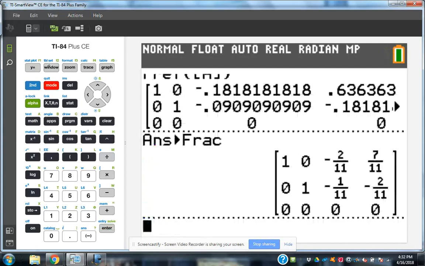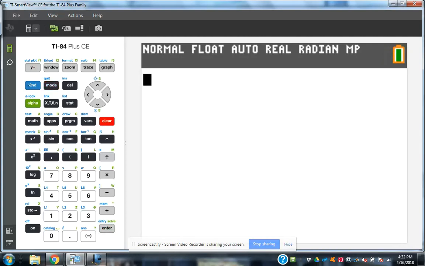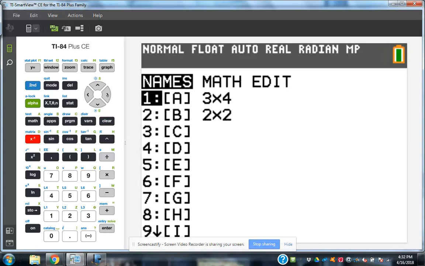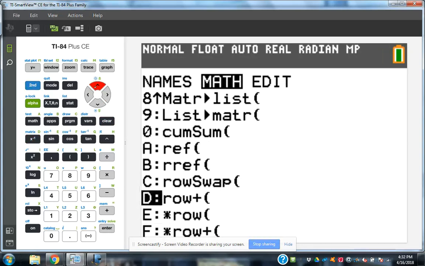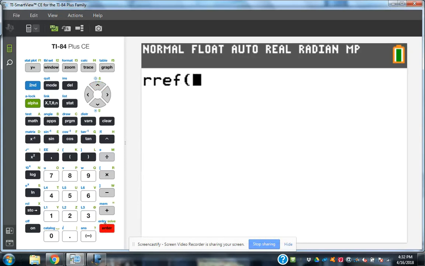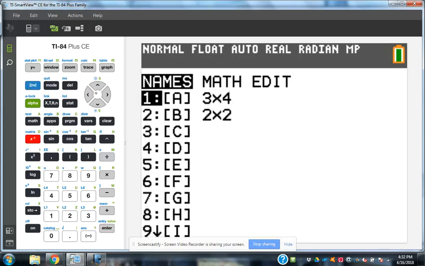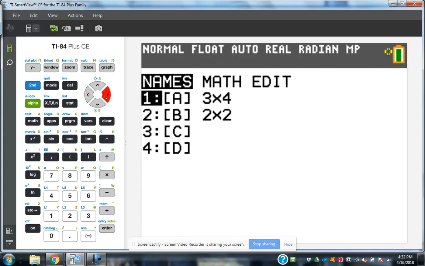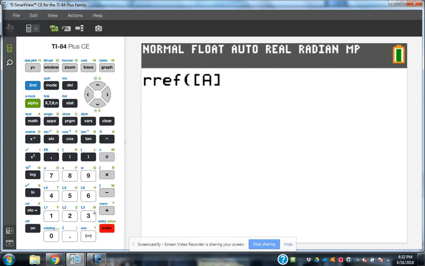Oops. Get back to the regular calculator screen. I'm going to go to Math, RREF. Or you could scroll up if you wanted to and get that. Pick up the matrix that I want. I want matrix A under the names menu.